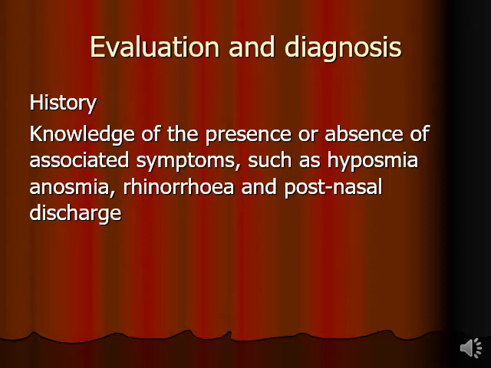If it is associated with seasonal variation, for example in spring, whenever the patient is exposed to pollen, leading to obstruction, watery rhinorrhea and sneezing, we should think about allergy. After trauma, we should think about septal deviation.